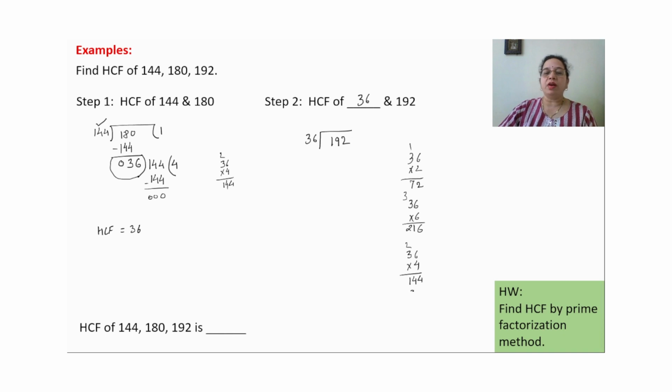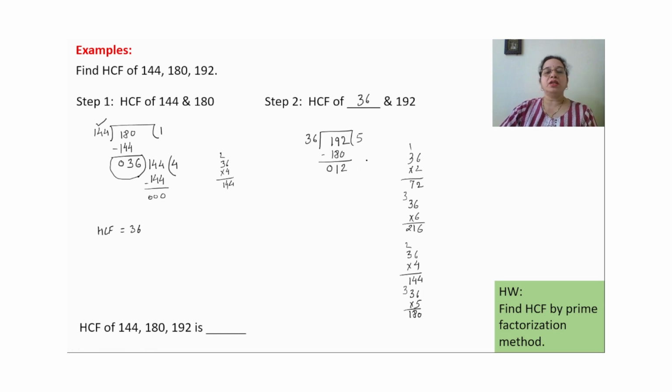We can try one more number. Multiply by 5: 5 6s are 30, carry over 3, 5 3s are 15, 15 plus 3 is 18. So we can try 5, which gives 180. So this is 2, this is 1 and this is 0.